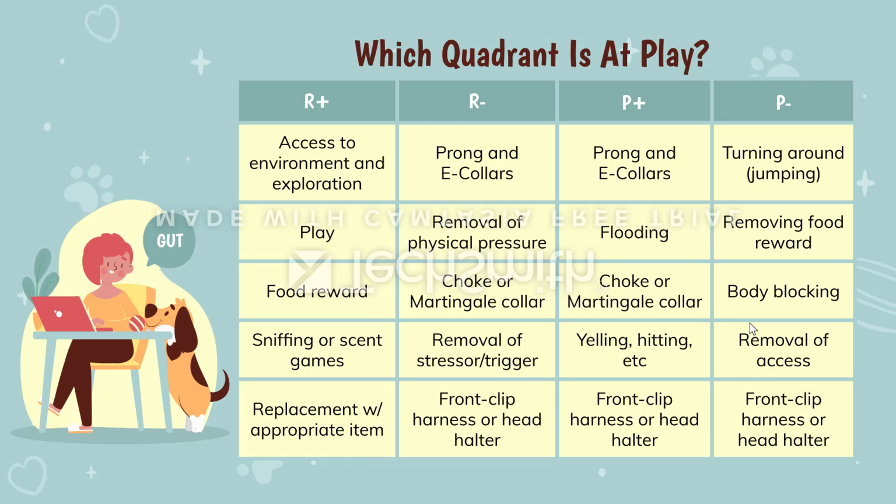A lot of old school, uneducated, outdated trainers preach pack walks for reactive dogs. And what this does is it puts the dogs in a position where their stress response eventually runs out.